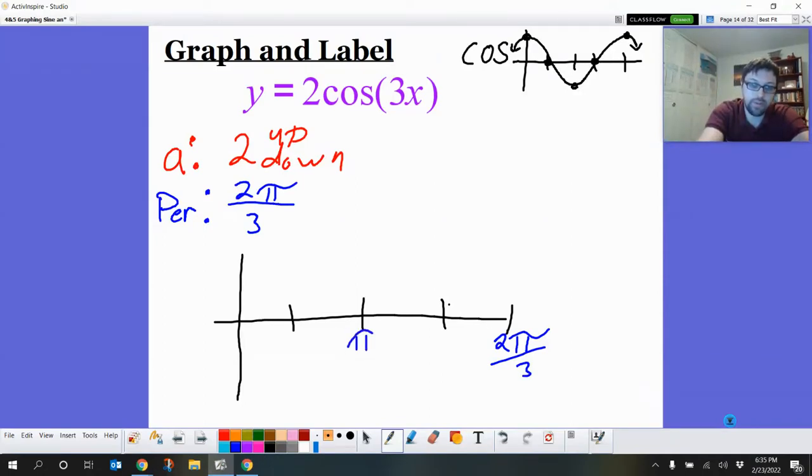So I'll put pi over 3 right here. Easy. My amplitude is 2. So I want to go up 2 and down 2 from my axis. So -2 and +2. And then follow my pattern for cosine. Cosine starts up. So I'll go up, on, down, on, and then up.